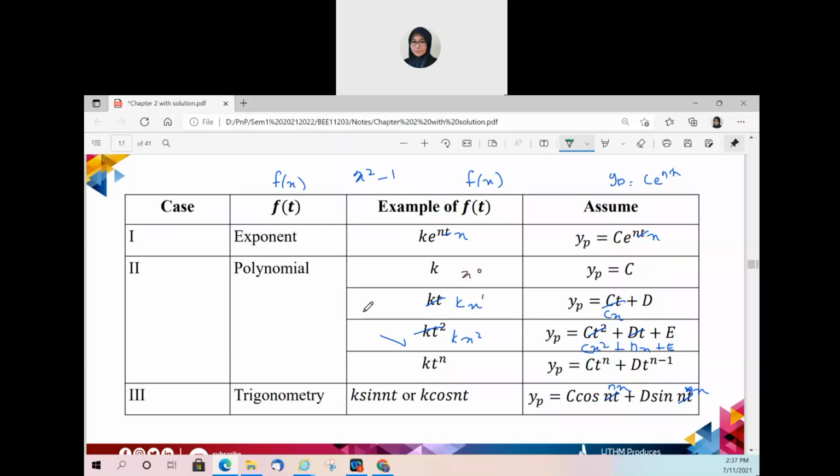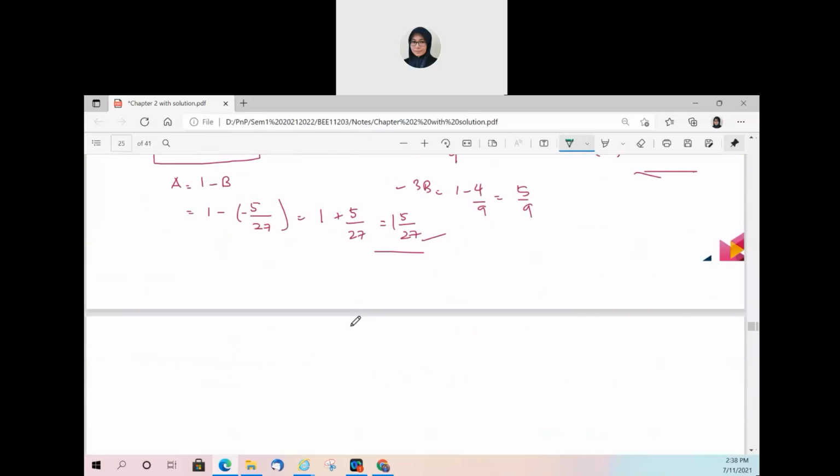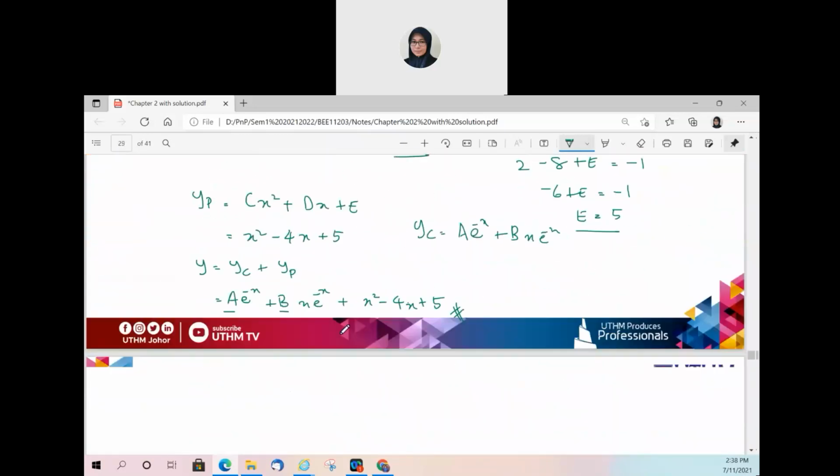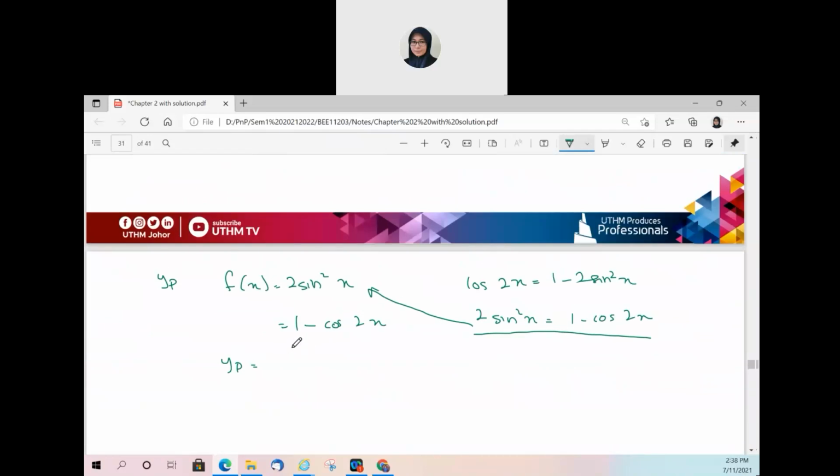Then your yp will be, yp awak akan jadi c plus with d cos 2x plus e sin 2x. So this is your yp. You have to compare with yc. So what is your yc?